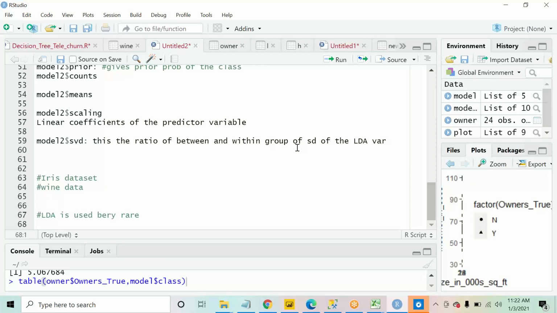You always get a mix of the data. In 99% of projects, you will get a mix of numeric and categorical variables, and that is where LDA will not work. So you will have to go with either logistic regression or decision trees.